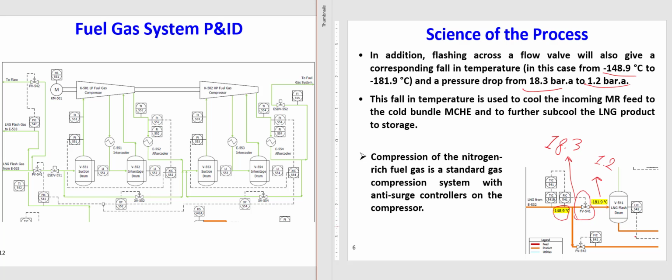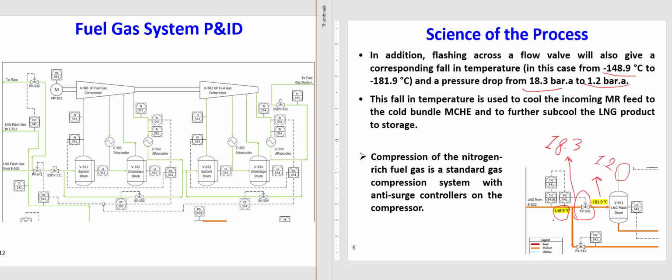This lower temperature is the operating temperature of this flash drum as well, and both the vapor at the top and the liquid have almost the same temperature. So I have a vapor here at the top that is colder than the ethylene from the cryogenic heat exchanger.